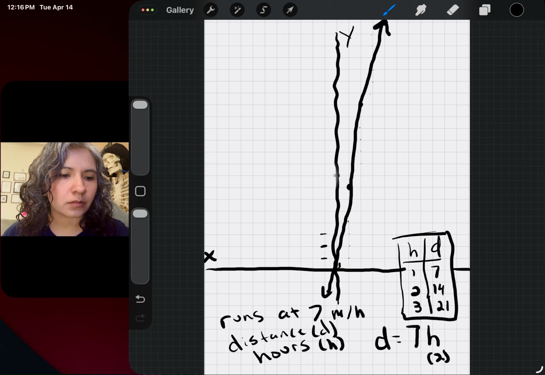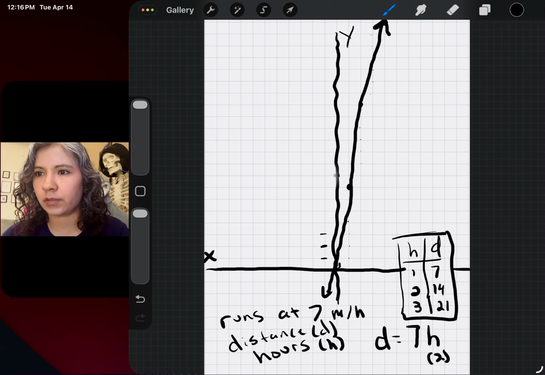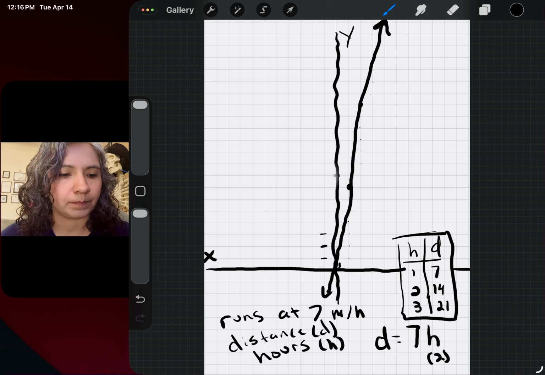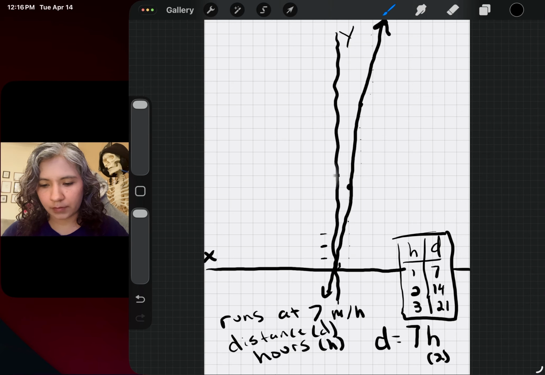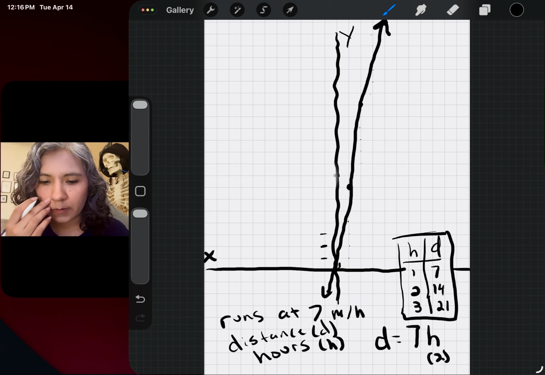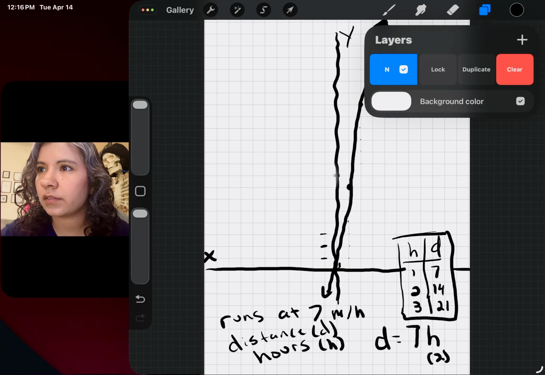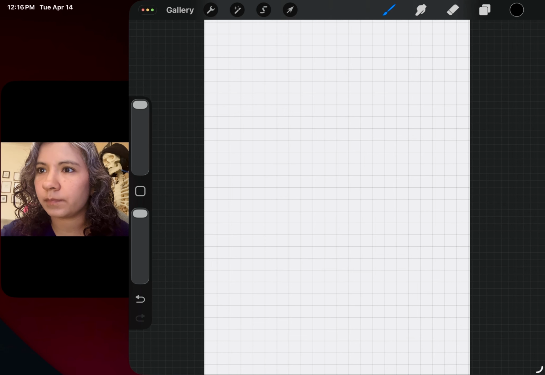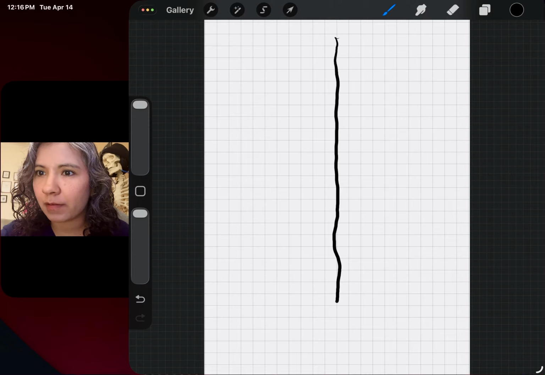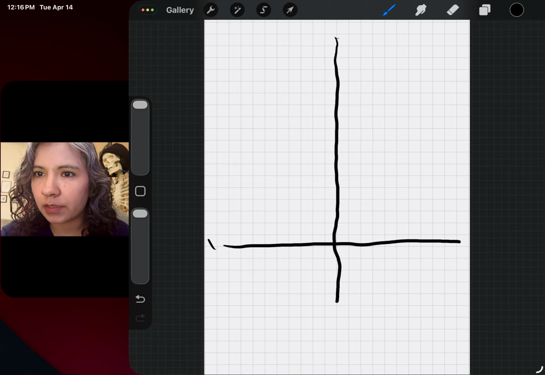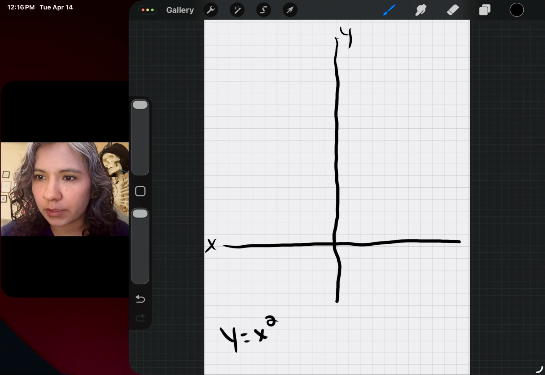We can also graph curves and draw those. Like the function y equals x squared. Here's x, y equals x squared.